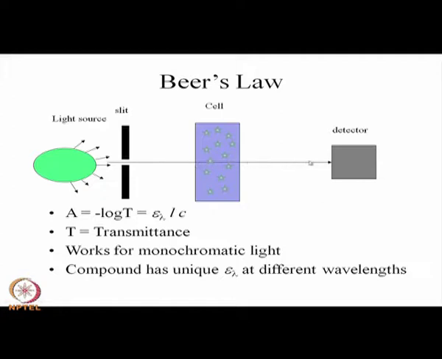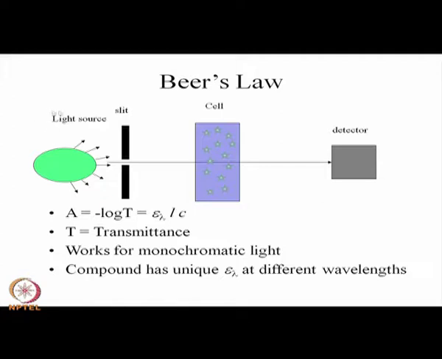In the detector, how much light is absorbed is measured as light intensity, and then this detector signal is fed into this formula, and the corresponding A values are obtained. Then you can plot A versus concentration, or maybe A versus wavelength.